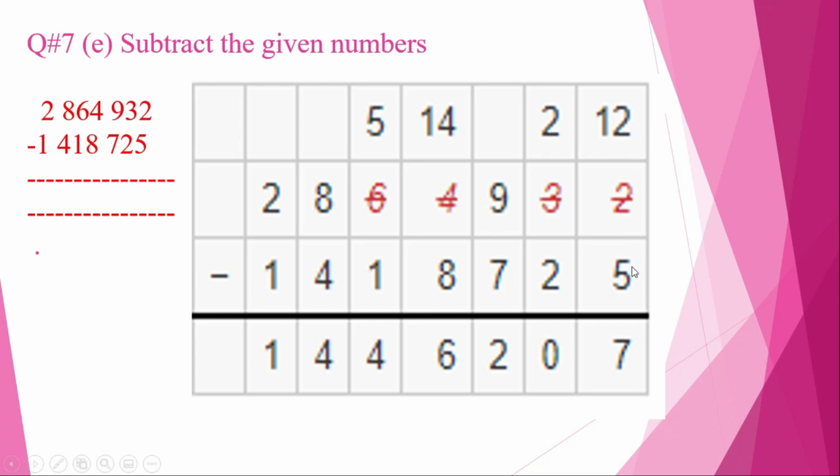Here 2 is less than 5, so we carry from the 3 and 2 becomes 12. Twelve minus 5 is equal to 7. And now we subtract 2 from the 2, that is 0. And then 7 from the 9, here is a 2.